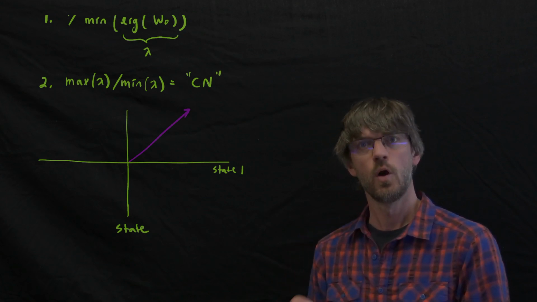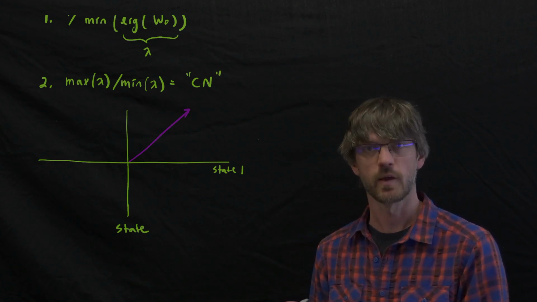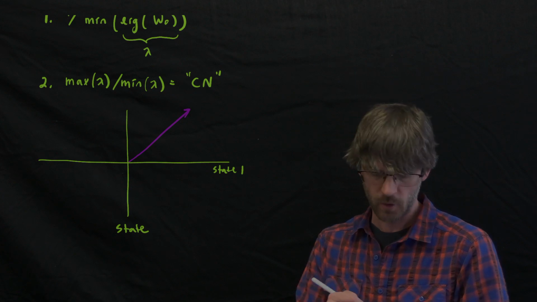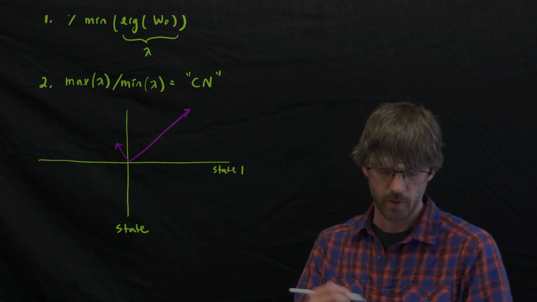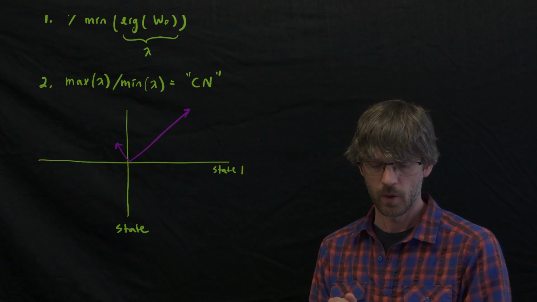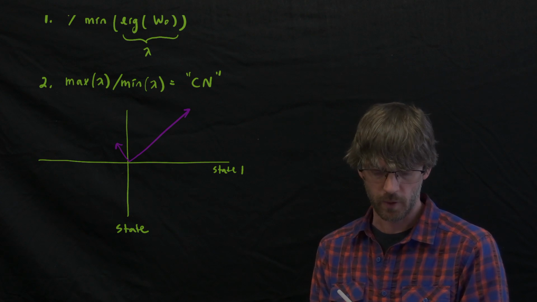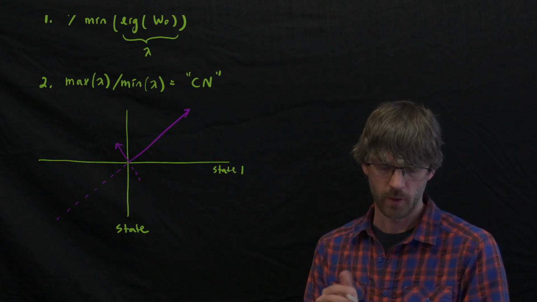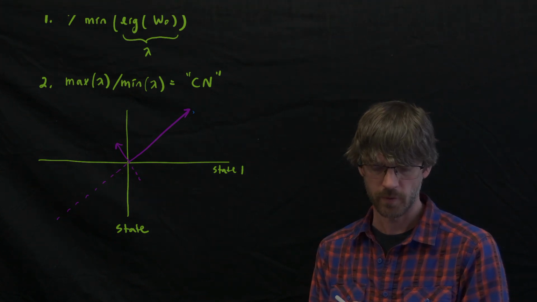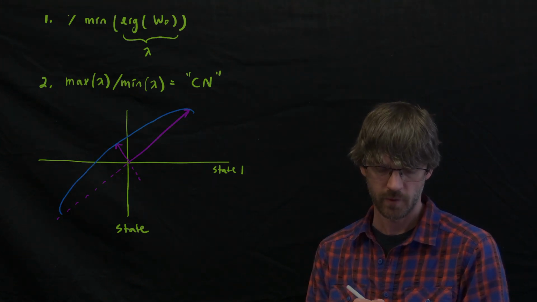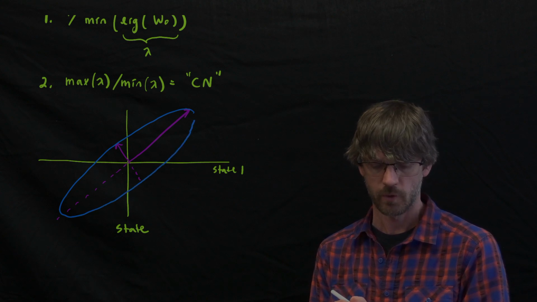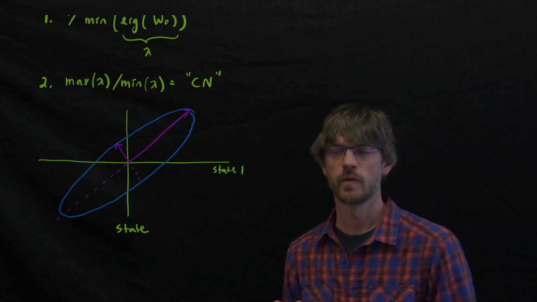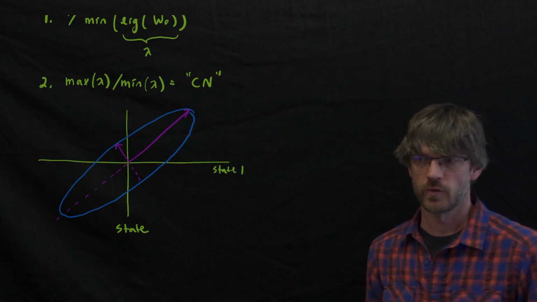So maybe for one of your eigenvectors, it looks like this one here, where it's nice and long, and the other one perhaps is a really short little vector there. Really, these are associated with their opposites as well, and so what your observability Gramian tells you is the overall shape of this ellipse that tells you kind of the observable space for your system.